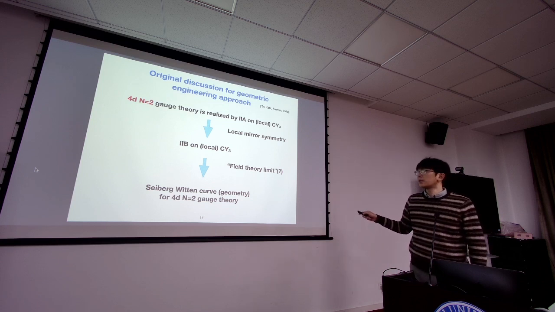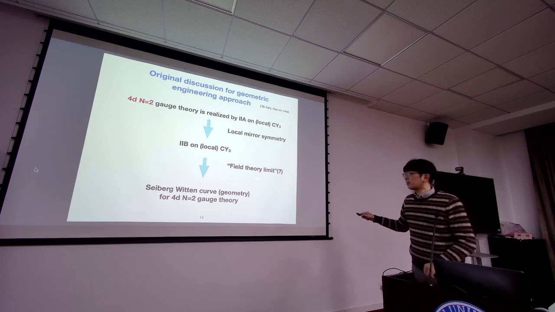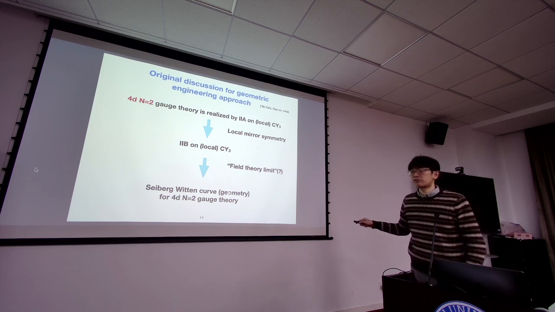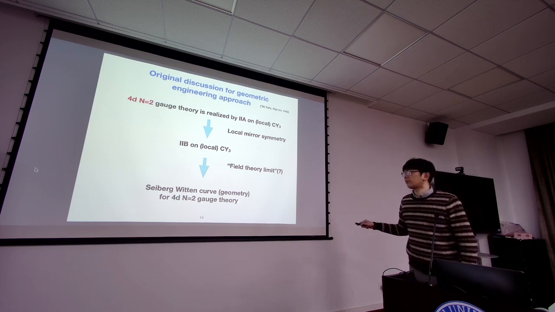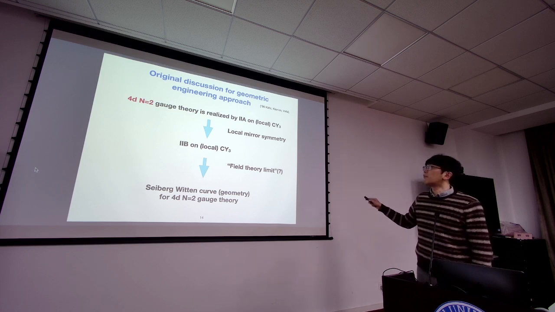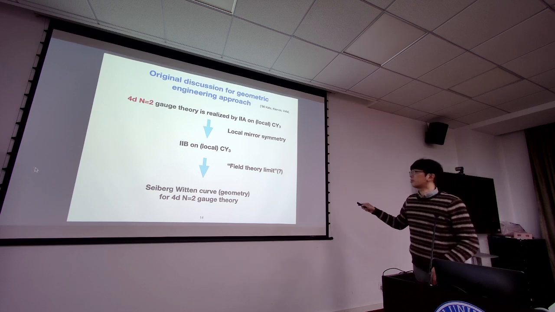Then, if we take something called the field theory limit, we obtain the Seiberg-Witten curve, or Seiberg-Witten geometry, for 4D N=2 gauge theory. So this was the story of geometric engineering. The point is to consider this mirror symmetry.